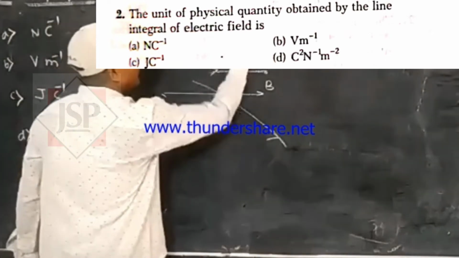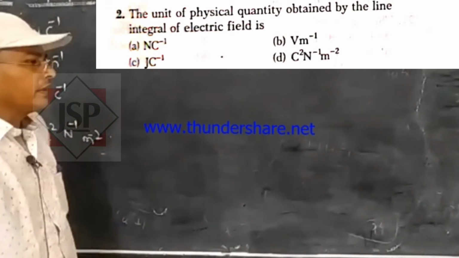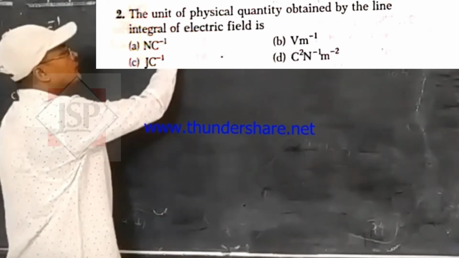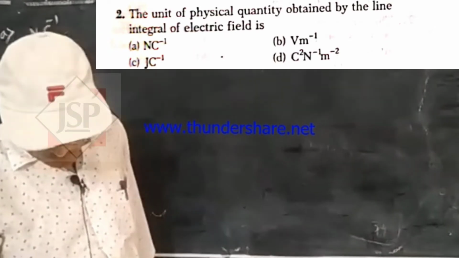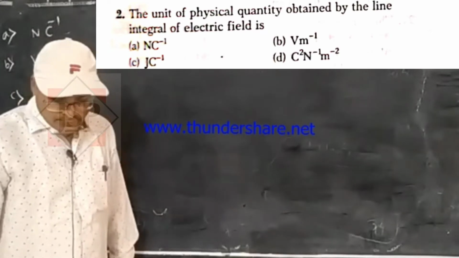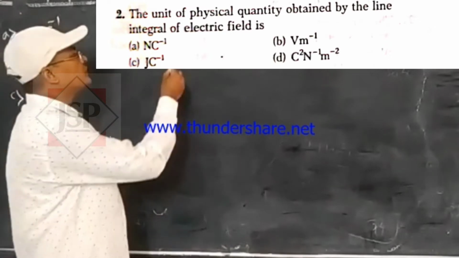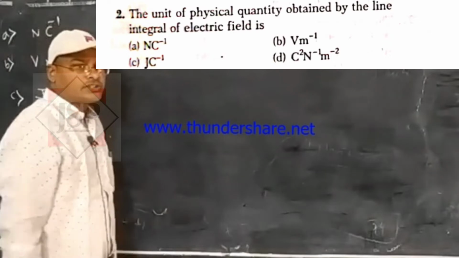Line integral means the closed integration of the electric field. The line integral of the E vector gives joule per coulomb as the correct answer.